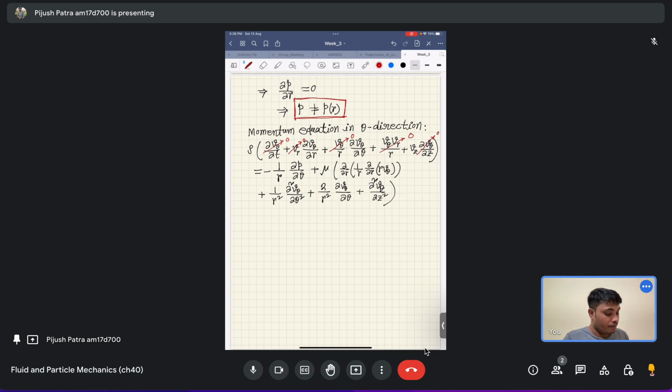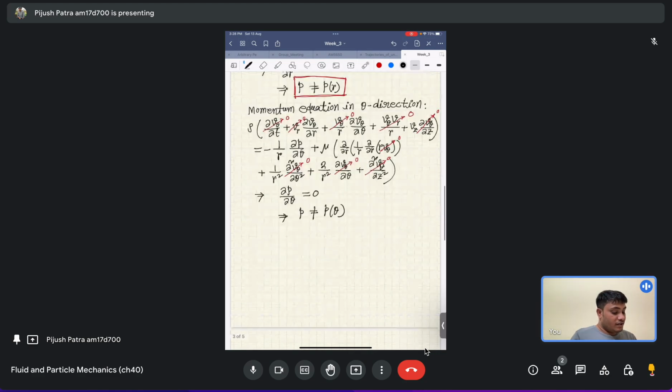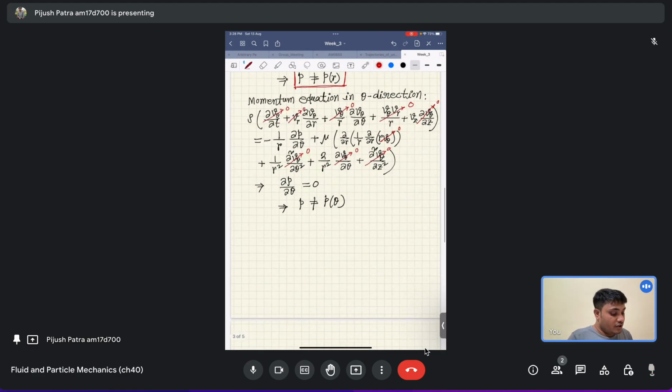Here v theta is 0, this term is also 0, this term is also 0. That means what I am getting from here again is that dou p dou theta is equal to 0. That means p is not a function of theta also.